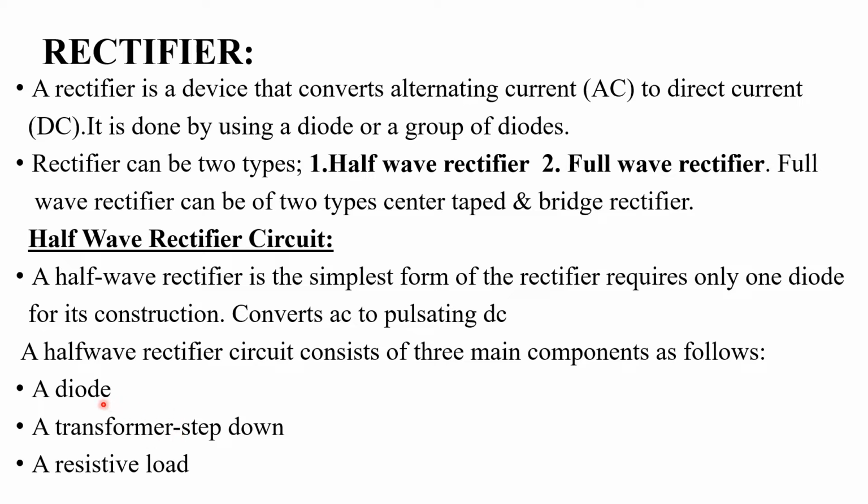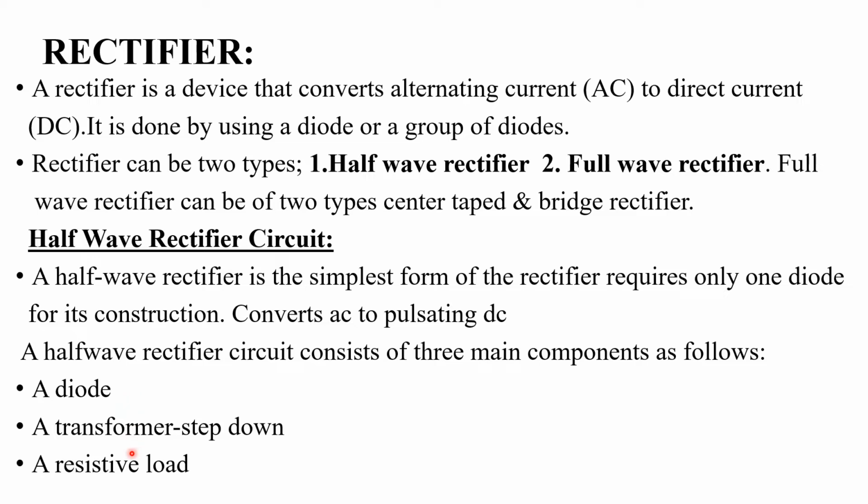We know that a diode is a semiconductor device which allows conduction in only one direction, that is the forward direction. So the diode will conduct in the forward direction. It will not conduct in the reverse direction.